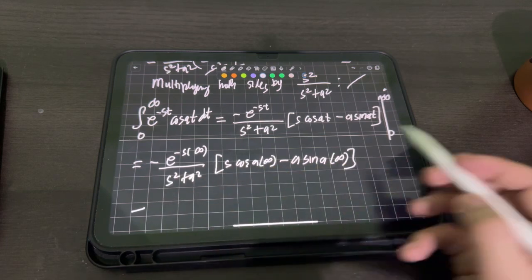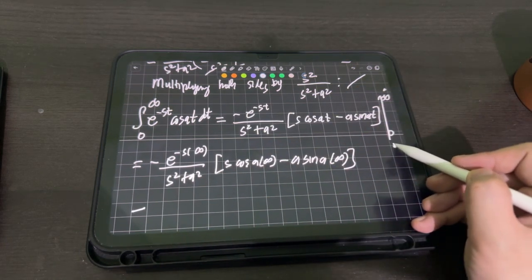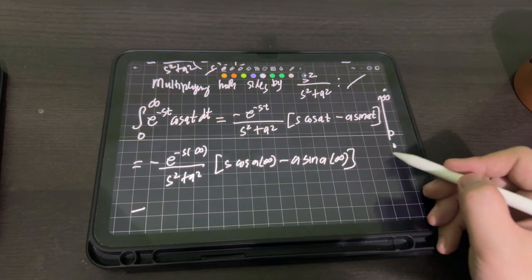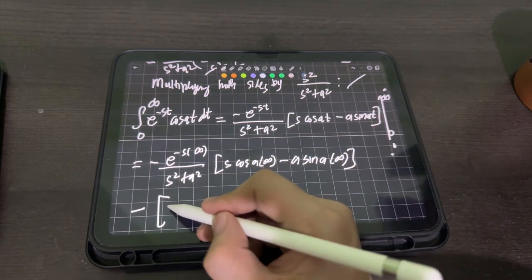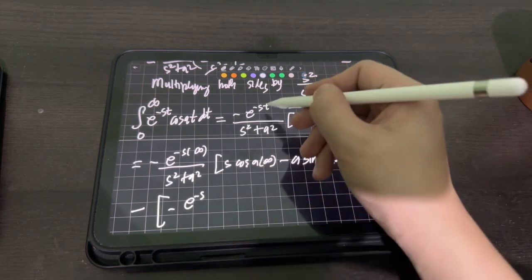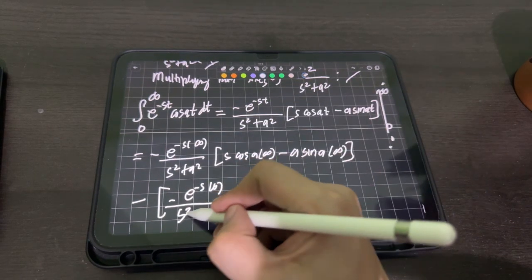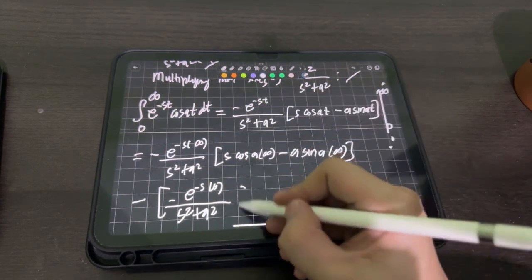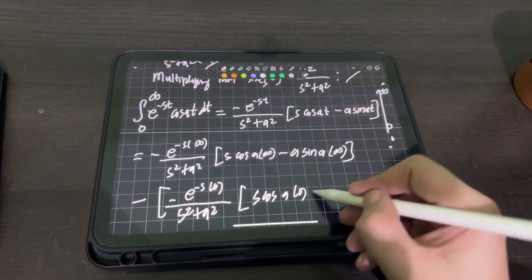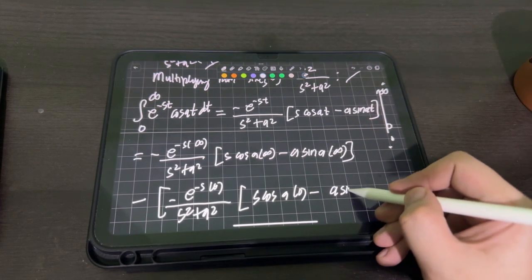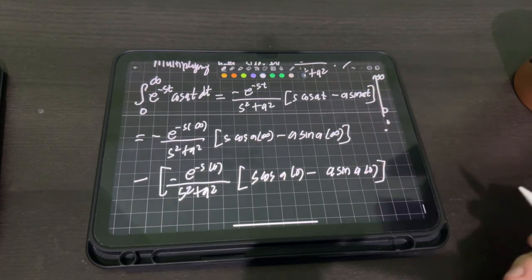Then minus this expression evaluated this time with lower limit 0. So substitute 0 to every t here. We will have minus quantity negative e to the negative st replaced with 0 over s squared plus a squared times s cosine at, replace it with 0, minus a sine at, again replace with 0.